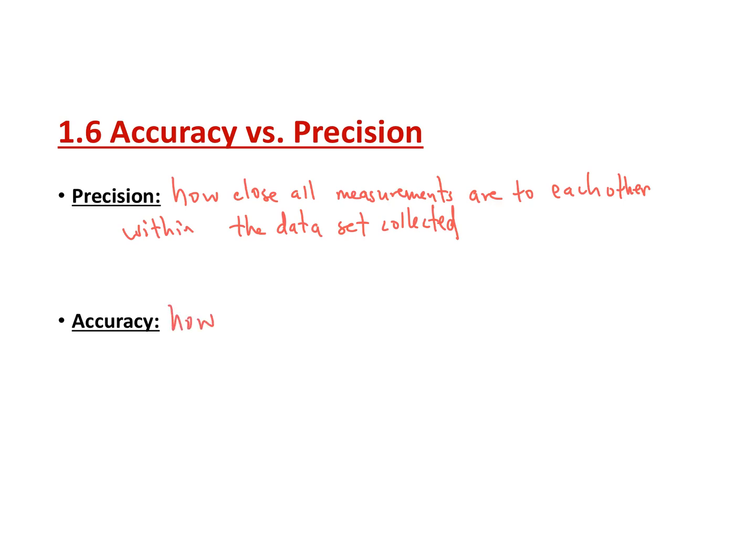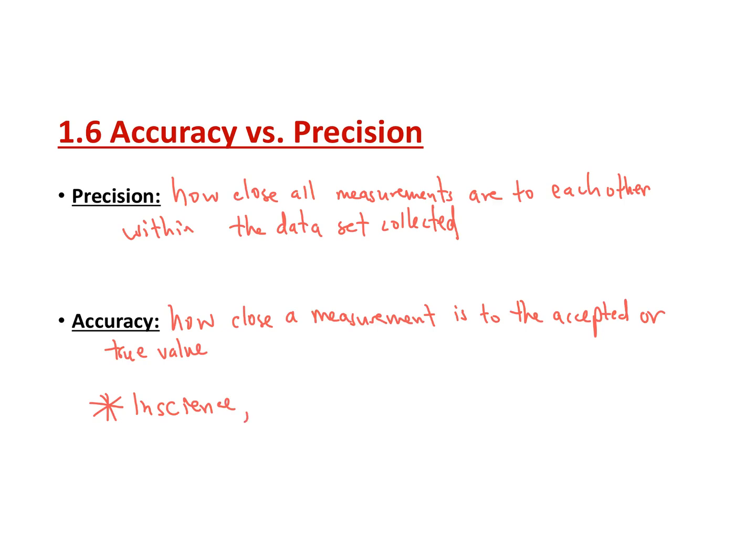So accuracy tells you how close a measurement is to the accepted or true value, right? And in an ideal world, in science, we would like to have both in our measurements.